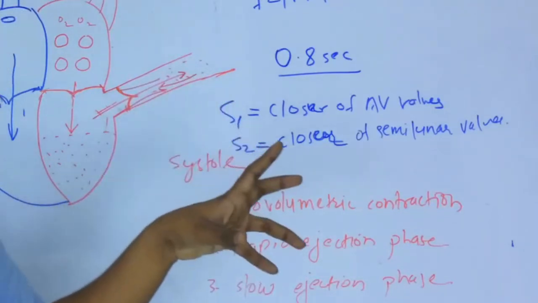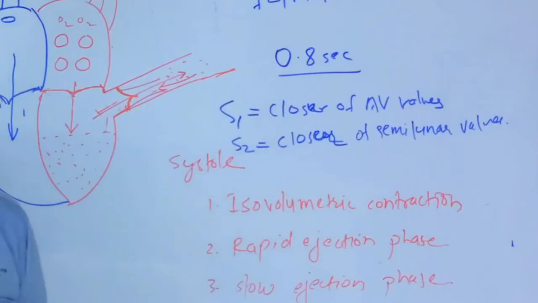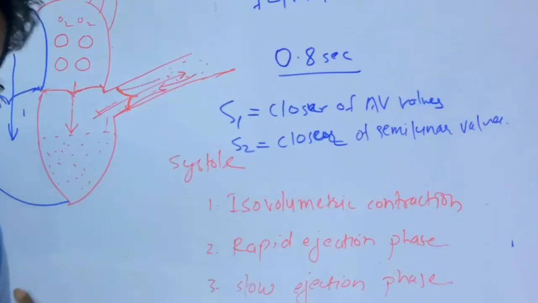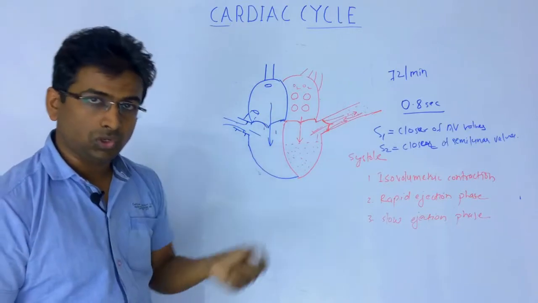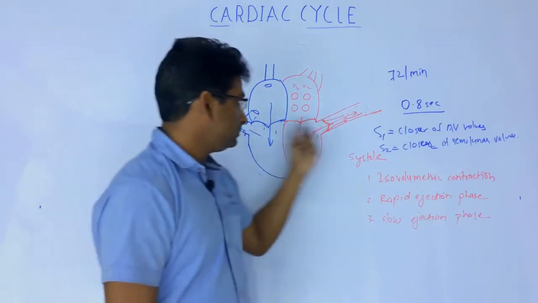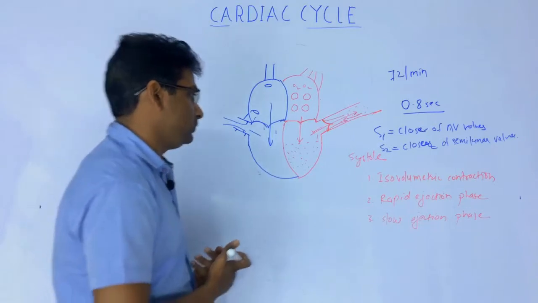S2 because of closure of the aortic semilunar valve is called A2, while the sound because of closure of the pulmonary semilunar valve is called P2. So A2 and P2 occur almost simultaneously, and that is called S2.